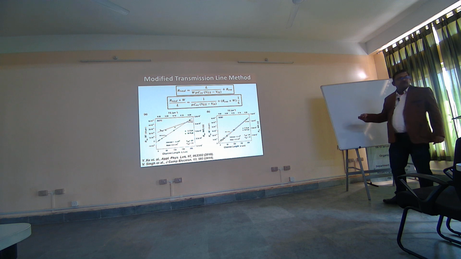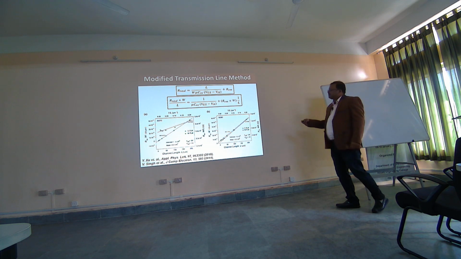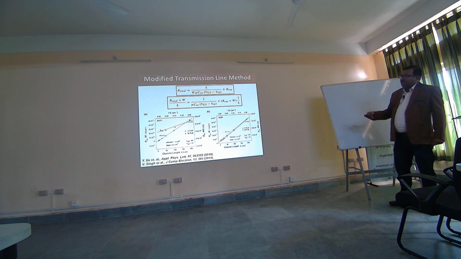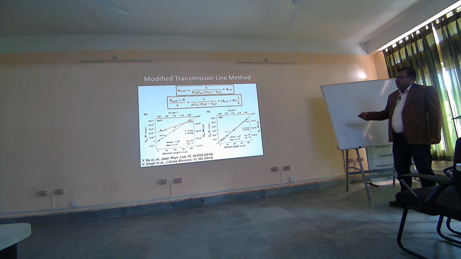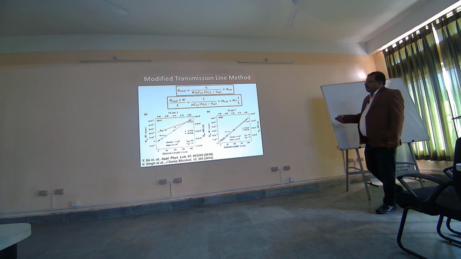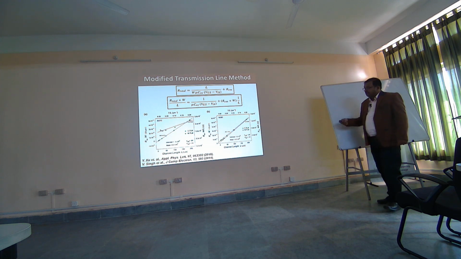It is called width by length normalized total resistance and width by length normalized contact resistance. We plotted this W by L normalized R total against 1 by L. If I am plotting against 1 by L, it is the slope which is going to give the contact resistance, and not the intercept like in the previous transmission line method.